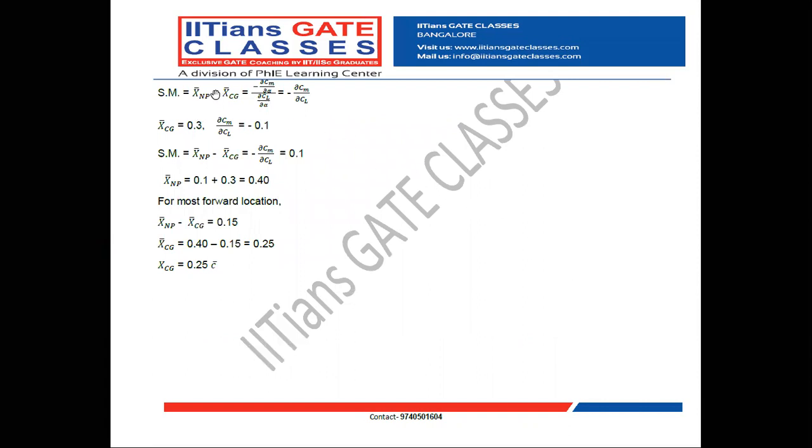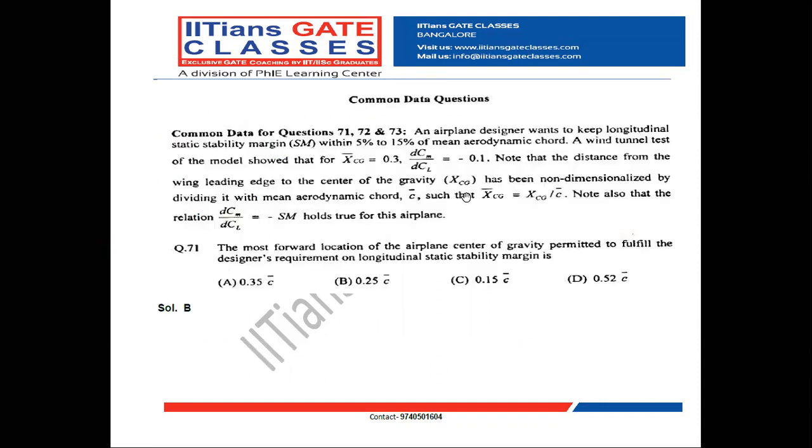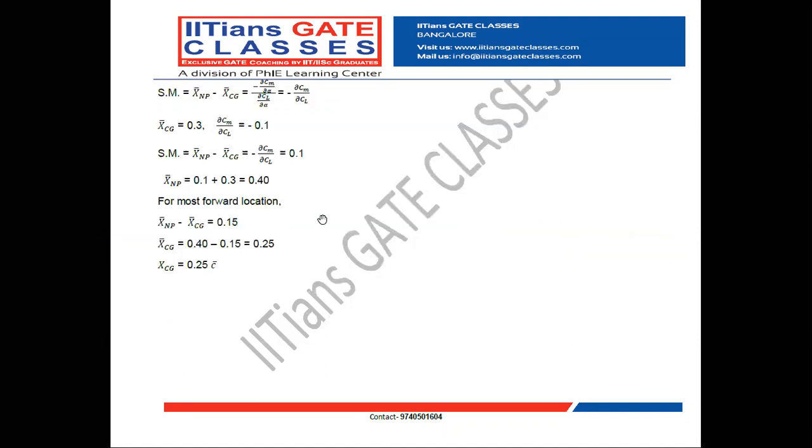Static margin is neutral point minus CG. Already it is given that dCm/dCL equals minus of static margin, and dCm/dCL is minus 0.1.